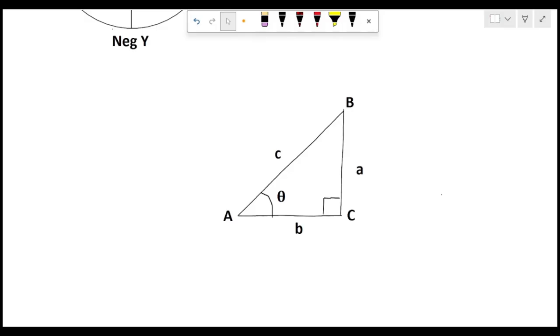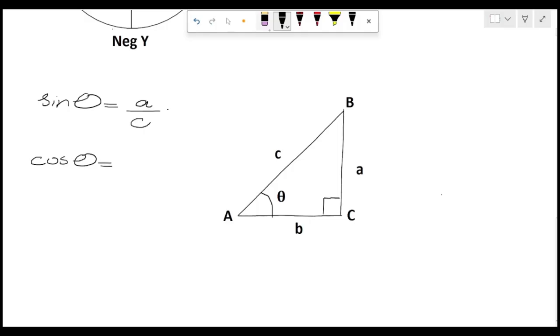Now we are going to define the various trigonometric ratios. First, let's discuss sine theta. So sine theta is equal to a over c, which means perpendicular over the hypotenuse. So we can write sine theta is equal to a over c. After that, we have cos theta.